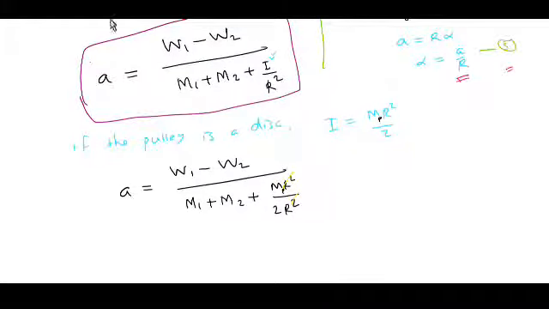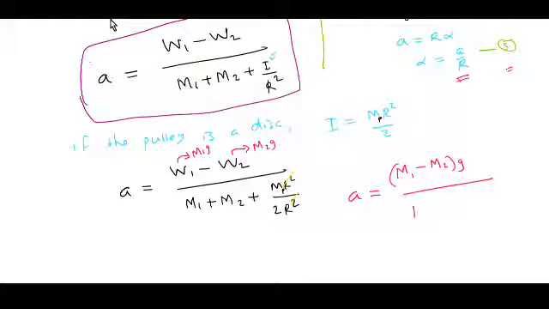Okay, finally the expression for the acceleration of the masses, that is the W1 you can replace m1g, W2 you can replace m2g, and take g outside, you will get (m1 minus m2) g divided by denominator m1 plus m2 plus mp divided by 2.